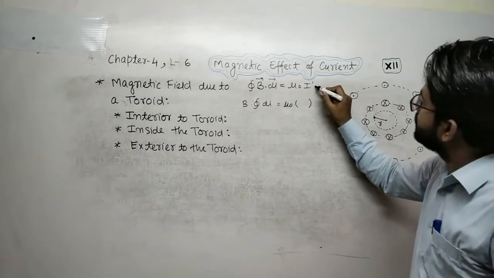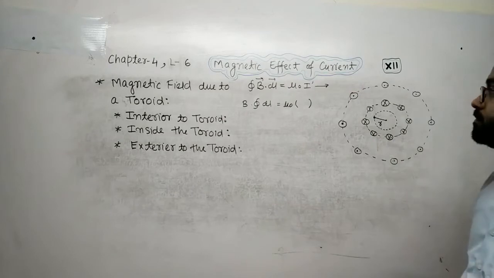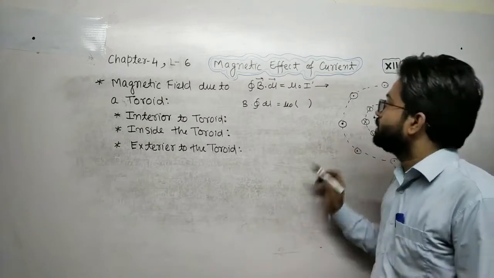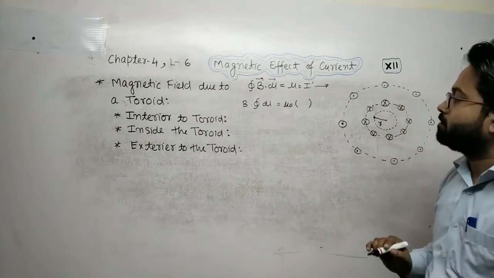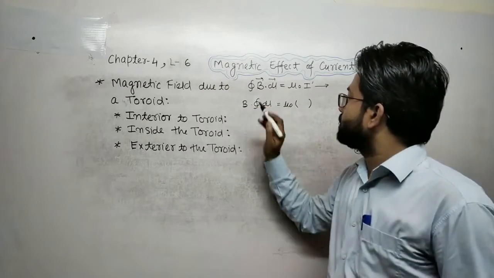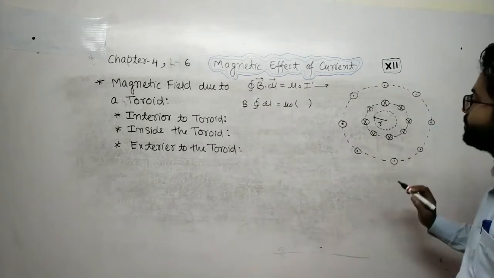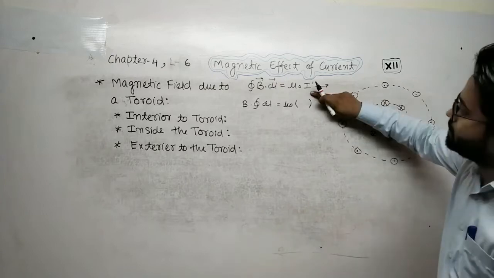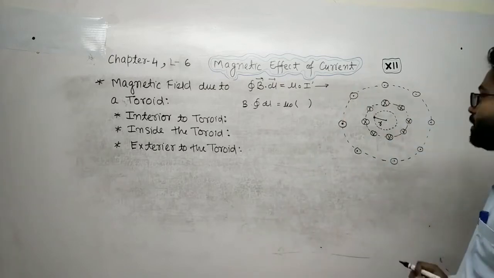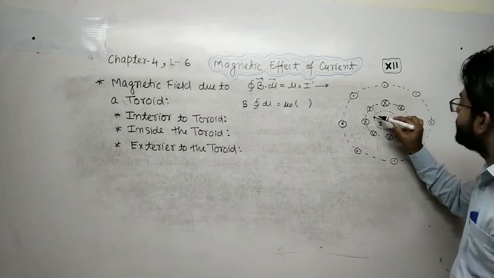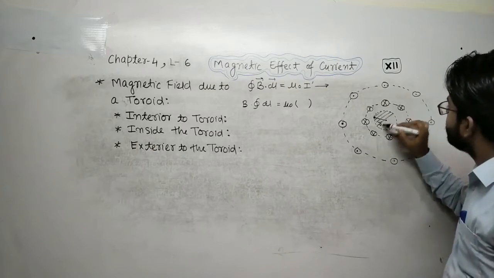This is the tough work. This is a tough task to calculate the net current. The rest of the things are easy, but the only tough task is just to calculate the net current. What is the net current threading that particular area?